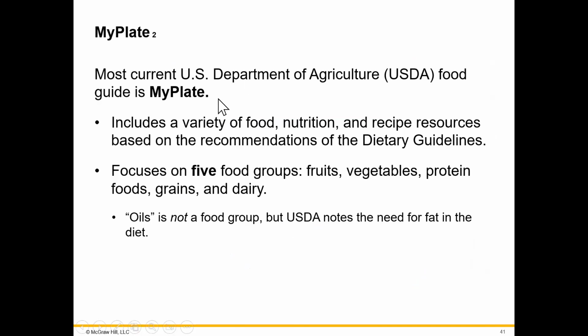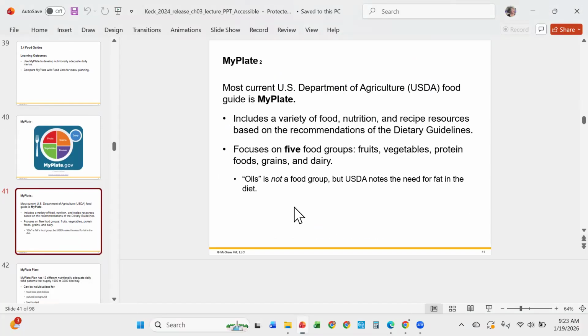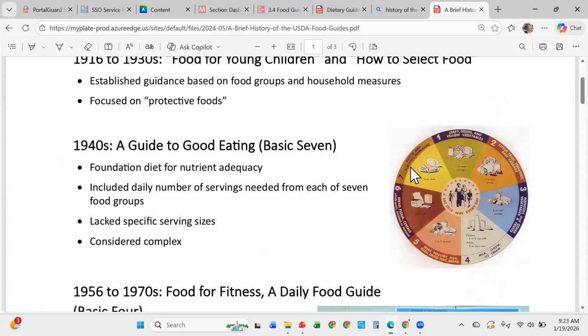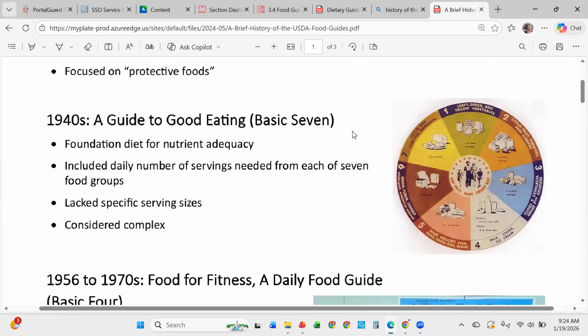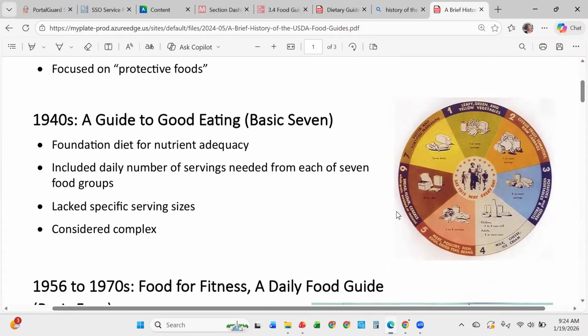It is the circular plate that technically, if we go back, let's see real quick if I can, pull this up right here. This circular plate model was first introduced way back in the early 1940s, as you see here, as a guide for basic nutrition.